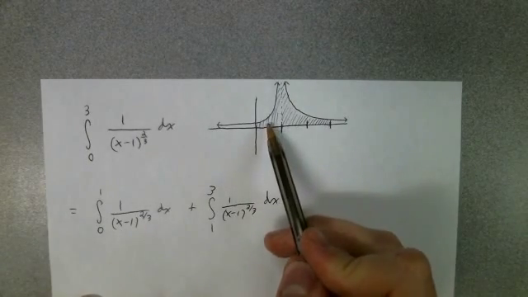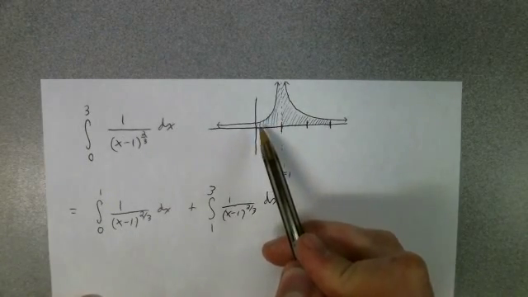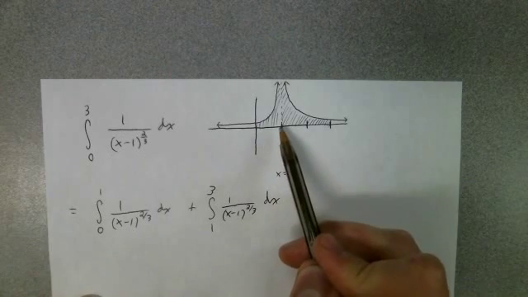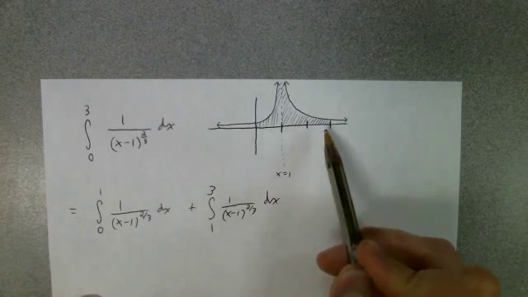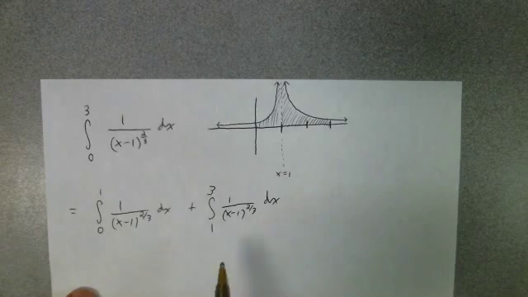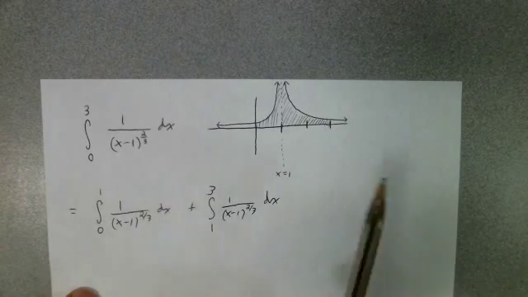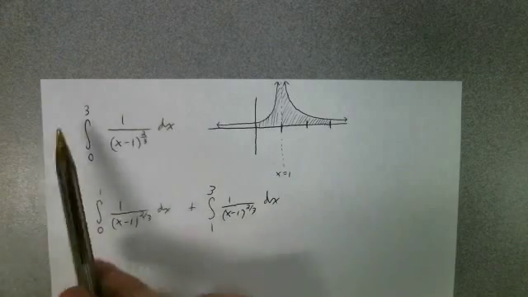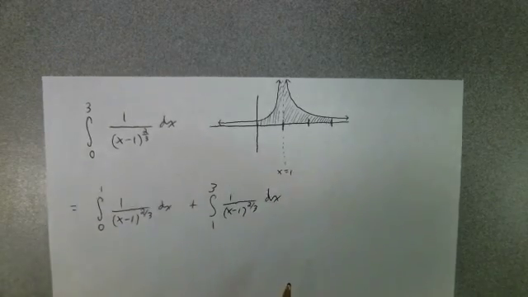So we're going to find that area using an improper integral. If either of these integrals is infinite, we'll say the area under the curve is infinite. We'll say this integral is divergent.